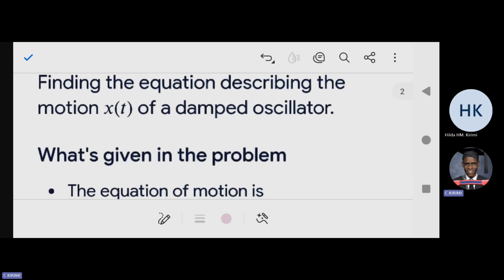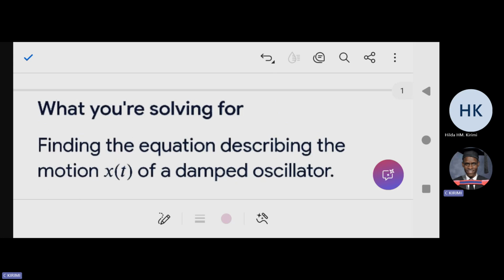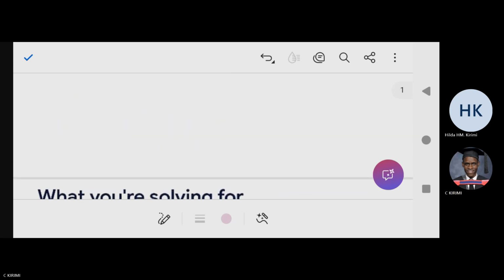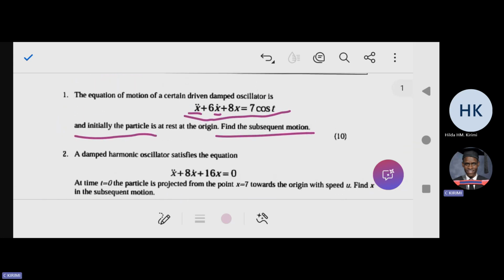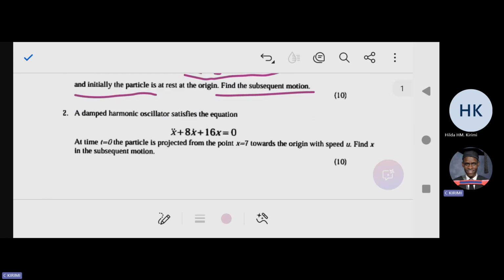It's just a differential equation. What you are solving is just finding the equation describing the motion. So that x is x of t, which means it's relative to time. So in our equation, x will be x of t.